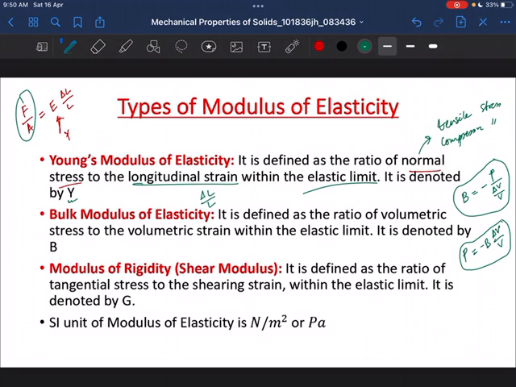Again within the elastic limit. This generally happens when we immerse any solid inside a liquid.